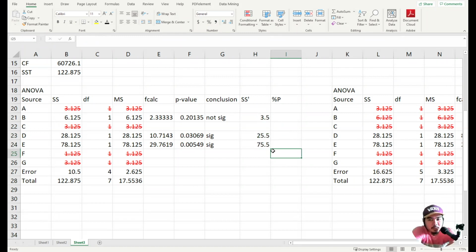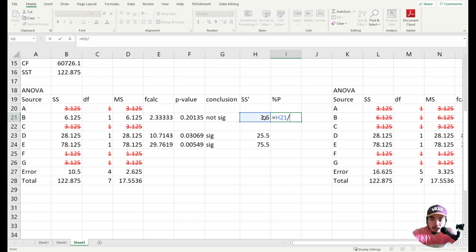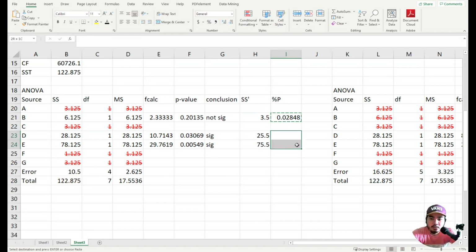The SS prime will be used para ma-compute natin yung tinatawag na percent contribution. No? And percent contribution is computed as the pure sum of squares, yung SS prime mo, divided by the total SS. Okay? So in this case, our pure sum of squares is this one divided by the SS total, and we can do a dollar sign para fix natin yan. This is 0.025 or 2%.